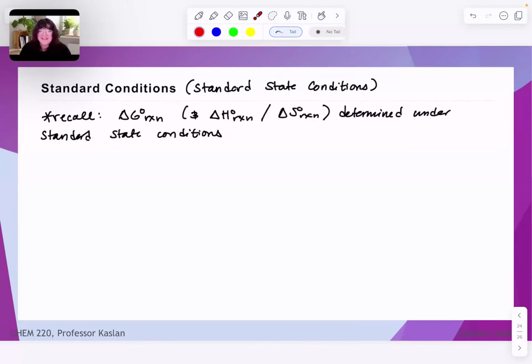So standard conditions or standard state conditions, reminder, delta G with this little knot, so delta G naught reaction, and just like we saw with our enthalpy and entropy terms, these are things that have been determined under standard state conditions. So a reminder, standard state conditions, this is one of the assumptions we made, is that unless otherwise stated, we're operating under standard state conditions.